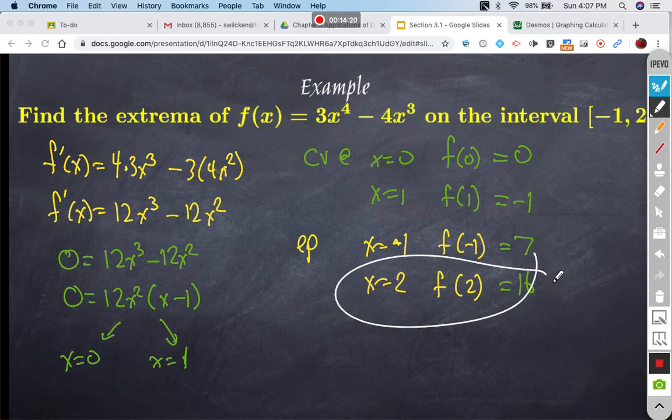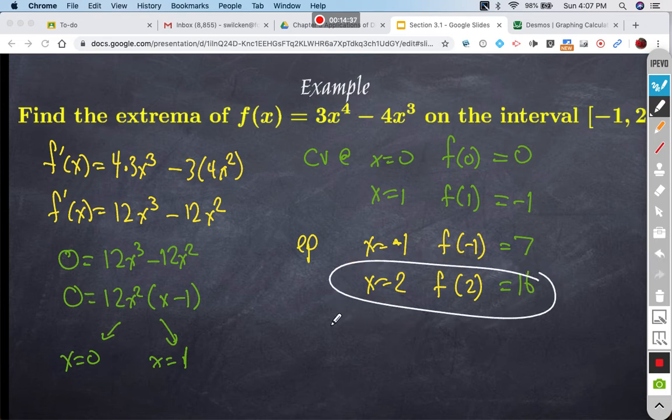So this is my biggest. So I have a maximum at the point 2, 16. Actually, let me rewrite this. Looking at my extrema, circle this again. My maximum equals 16 at the point 2, 16, or when x equals 2.